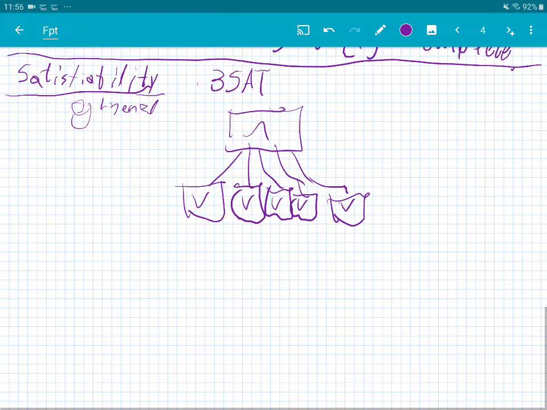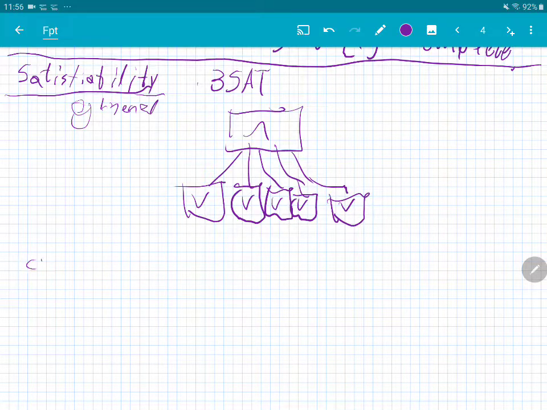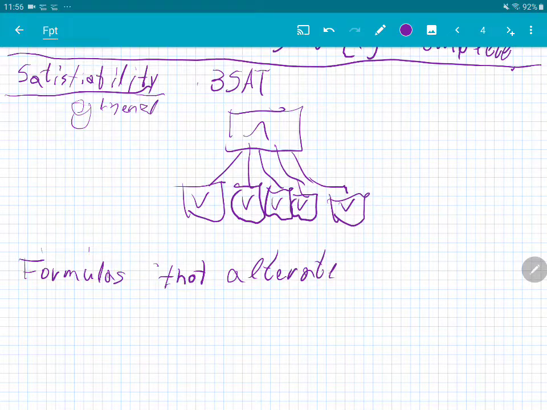So one option is to just say, I'm allowing you to alternate t times, in formulas.